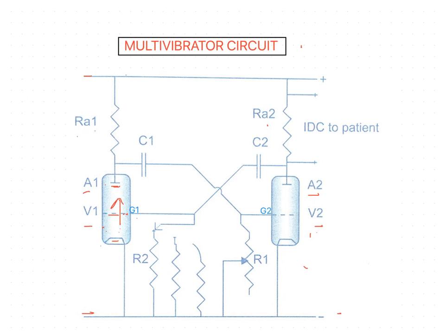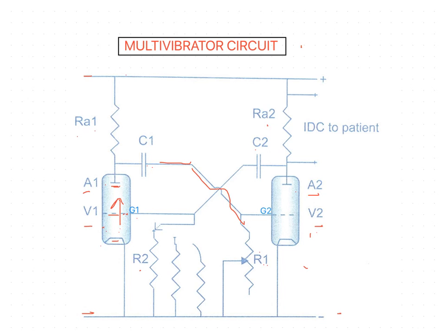In parallel with each valve, there is a condenser and a resistance, arranged in series with each other, that is C1 R1 and C2 R2.